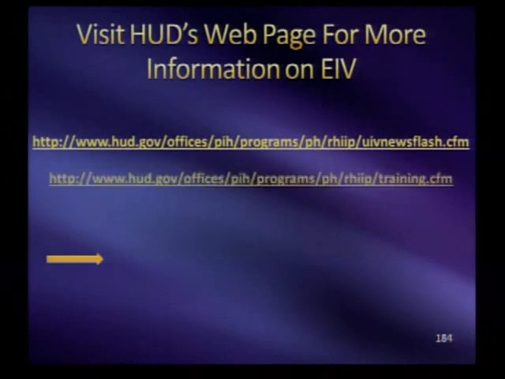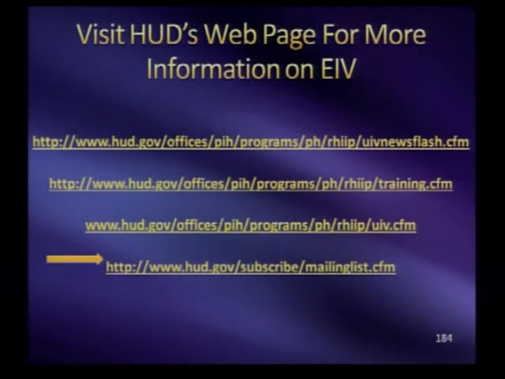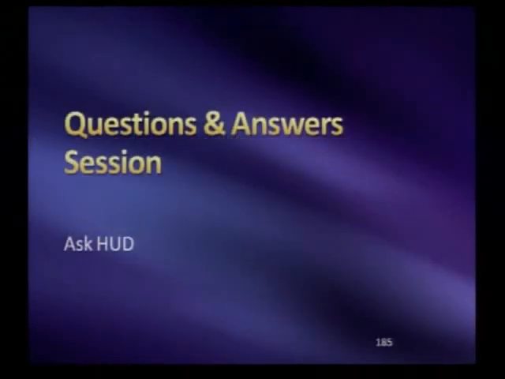Okay, so this slide here shows you HUD URLs that I encourage you to bookmark because a lot of information on those web pages is valuable to you, and if you bookmark those pages, you will always have access to them because it's really hard to maneuver within the HUD website because it's so huge.